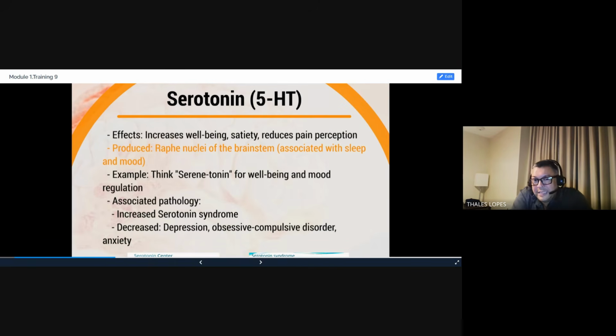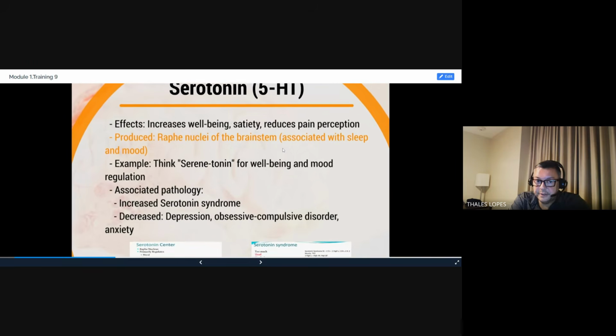So where is it made? The Raphe nuclei of the brain. If the answer choice is the brain stem, it is also correct, because this is where the Raphe nuclei are. Serotonin is produced in the Raphe nuclei of the brain. So you need to know where serotonin is produced.